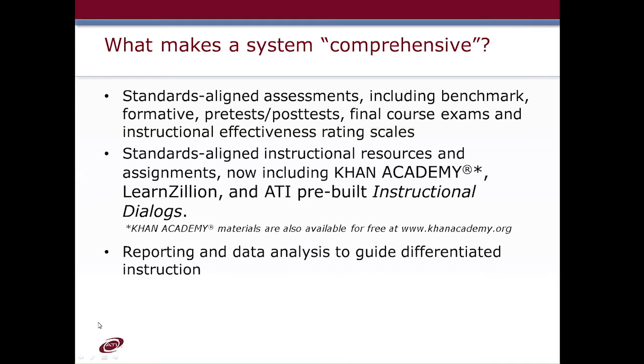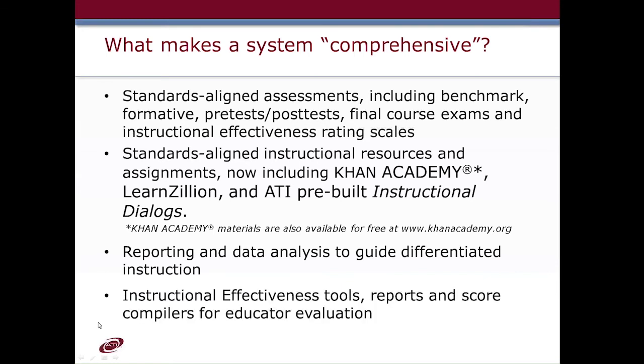The reporting and data analysis should help guide your differentiated instruction and include an item response theory psychometric analysis to help determine if students are growing, what level they are performing at on their assessments, to see if they're on course or at risk for not passing that state summative. And finally, it should include instructional effectiveness tools, reports, and score compilers for your educator evaluation.